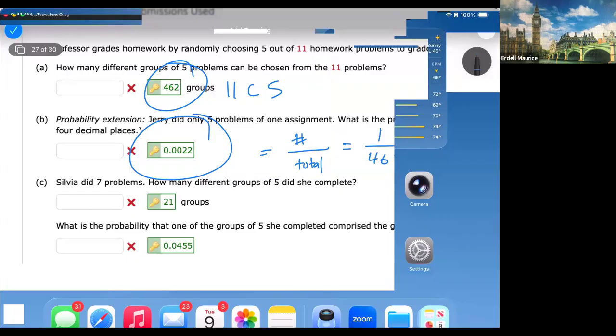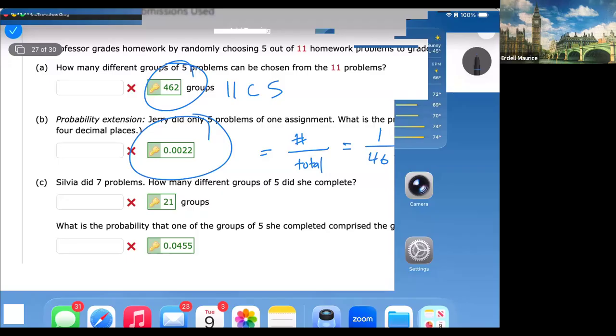Does that make sense? Okay, that sounds like a no. A lot of people looking at me. Look, the test has 11 questions, yes? The professor is going to pick 5 out of those 11 questions to grade, yes? Think of each group of 5 as one possibility. Now, assume the student only did the first 5 questions.